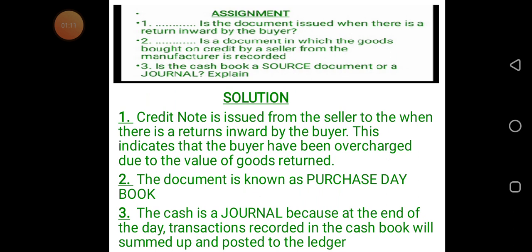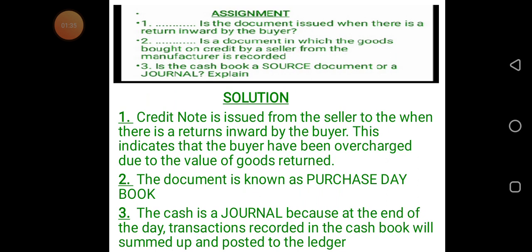By way of solution, number one, the answer is credit note. A credit note is issued from the seller to the buyer when there is a return inwards. This indicates that the buyer has been overcharged due to the value of goods returned.